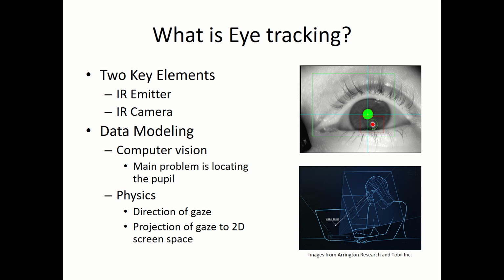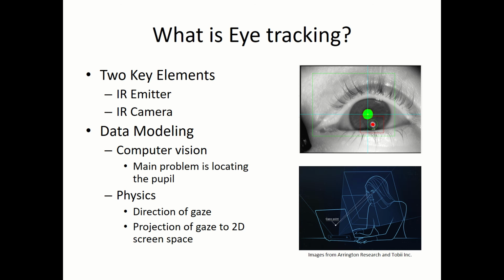One is an infrared emitter, and usually this is mounted to a computer monitor or it's a small bar, and it bounces infrared light off the face and ostensibly the eyes of the person performing the experiment. And then additionally, there's a specific IR camera that picks up the infrared image that was recorded.